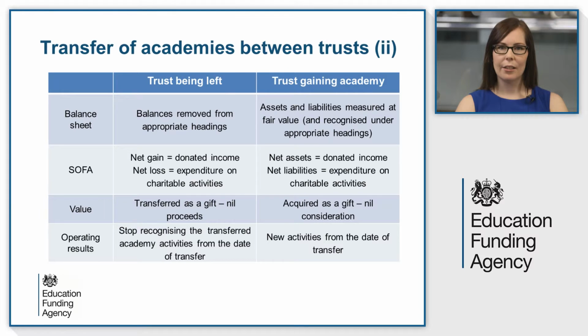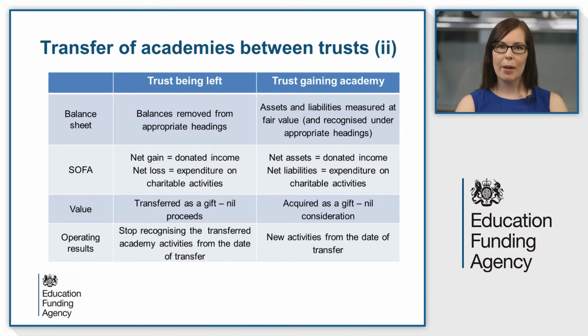This means you will need to be able to separately identify the share of debtors, creditors and fixed assets, together with the cash in bank. This may take a little time to work out, but it will be imperative to a smooth transfer.